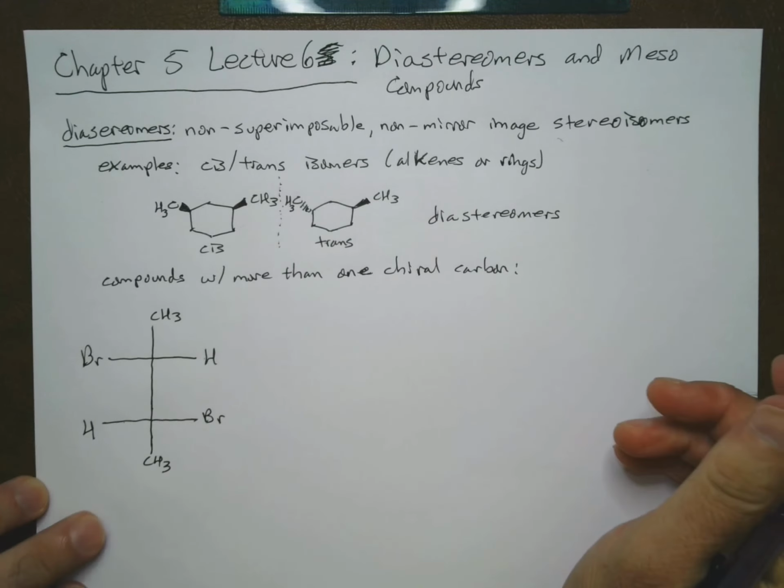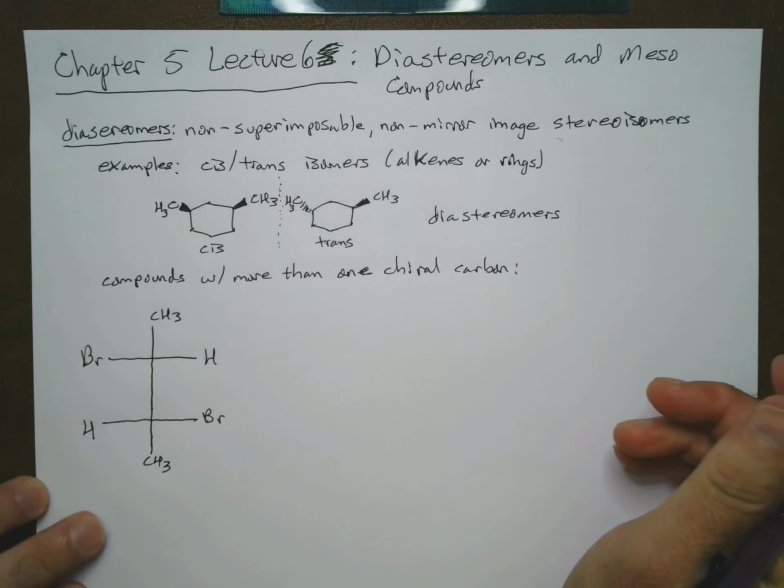It's not a mirror image of either of this pair of enantiomers, but it's not superimposable. I can get my blacks and my greens to line up. I've got the reds and blues lined up here, but not up here. I could try to flip it around. Now I've got the reds and blues lined up there, but not down here. So these are not mirror images, and they are not superimposable, so they are diastereomers.